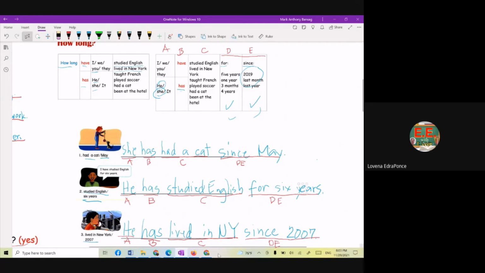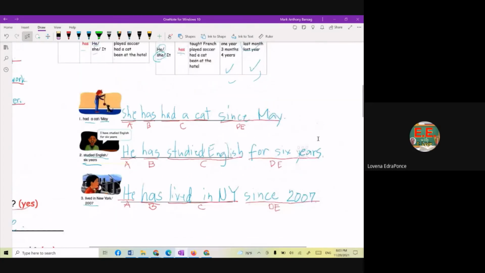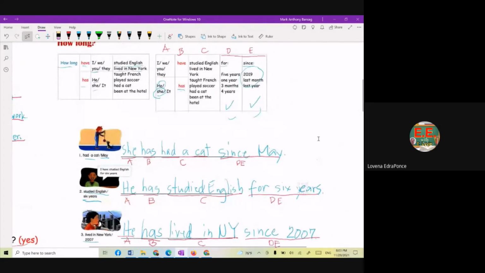So here, no need to put for, because there's no given. Only 2007, so use since. This one, 6 years, so use for. Now, okay, this one, May, so use since. Okay, so that's how to construct sentences.